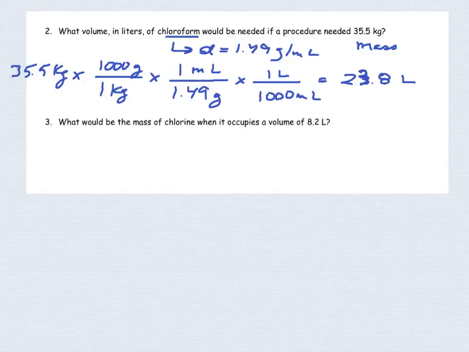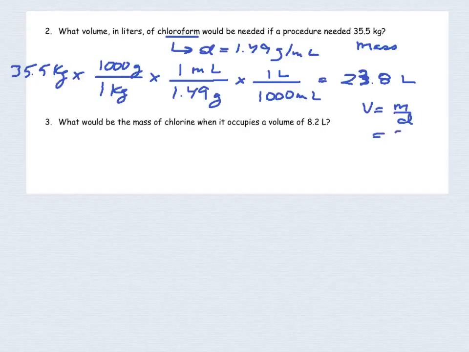You could have also done that question using the rearrangement of the formula. You could have taken your mass and dividing it by your density. If you rearrange the triangle formula, take your mass and divide it by density, that will give you volume.